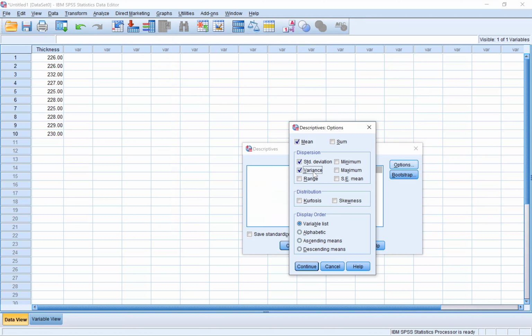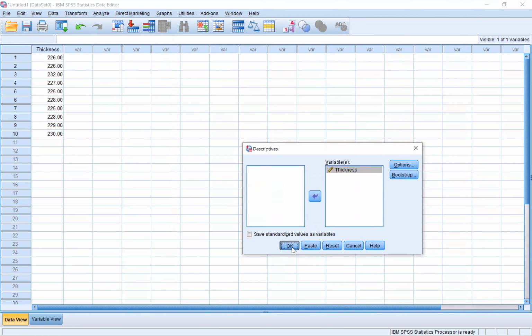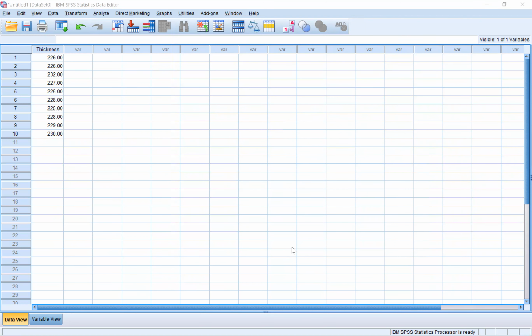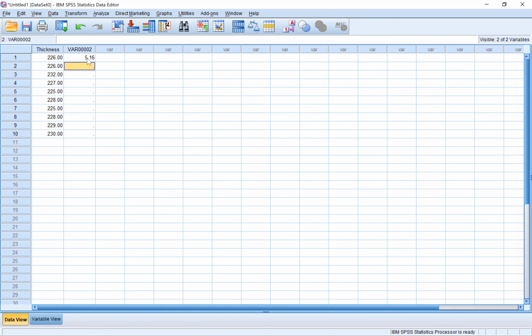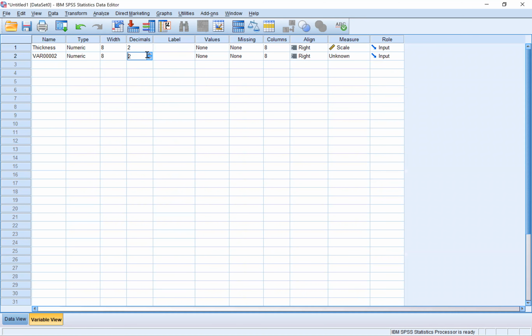I can directly compute the variance. So the variance is 5.156. So let's store it here. Let's increase the decimals.